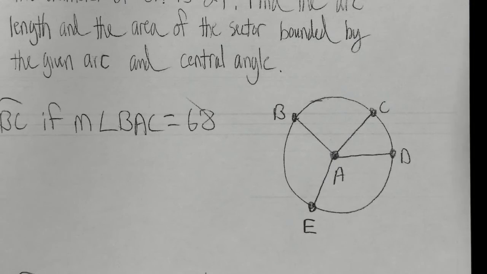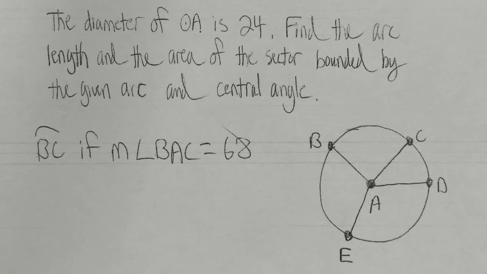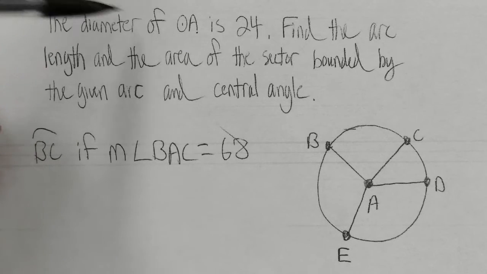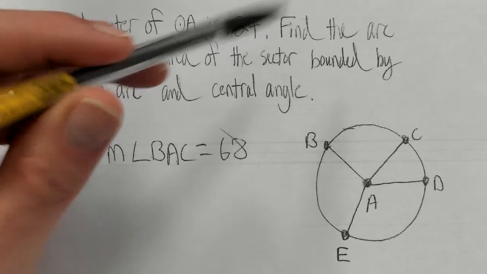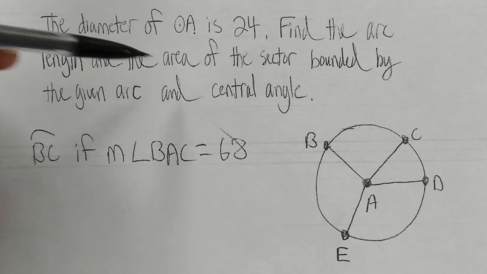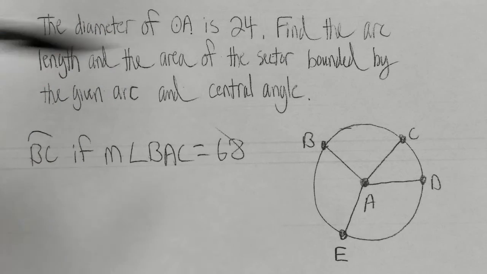So what are the type of questions that we're going to be looking at here? One of them says the diameter of circle A is 24. Find the arc length and the area of the sector bounded by the given arc and central angle.